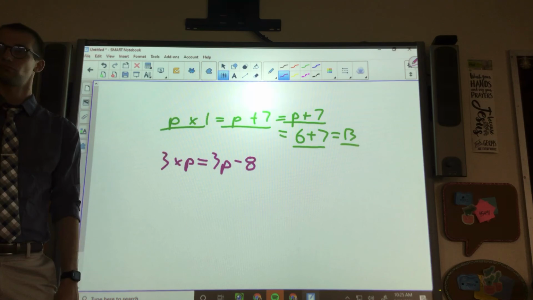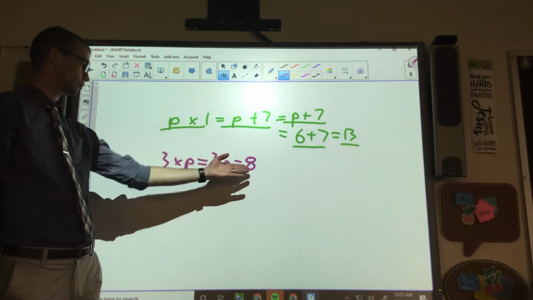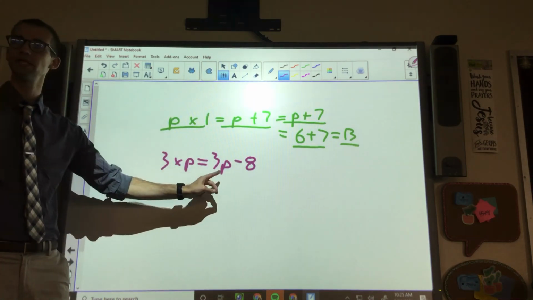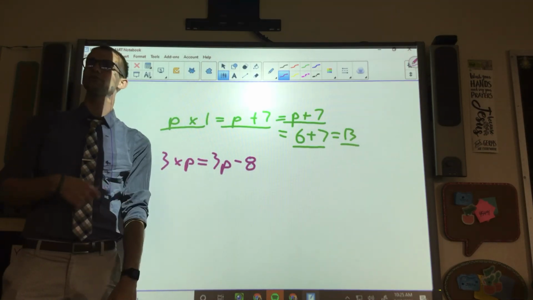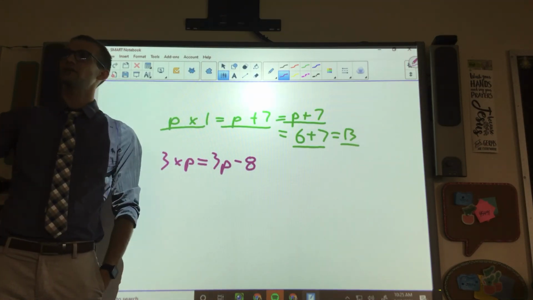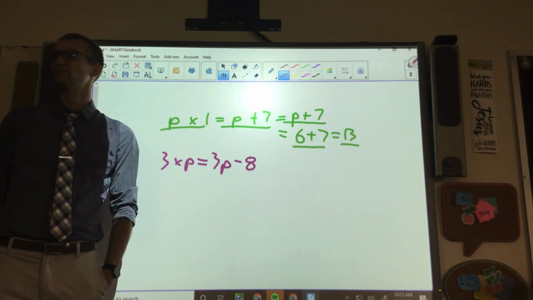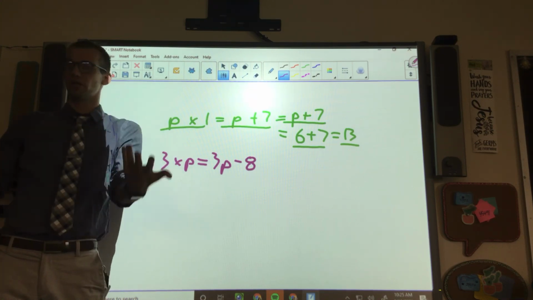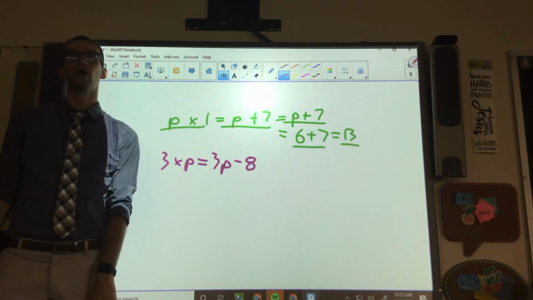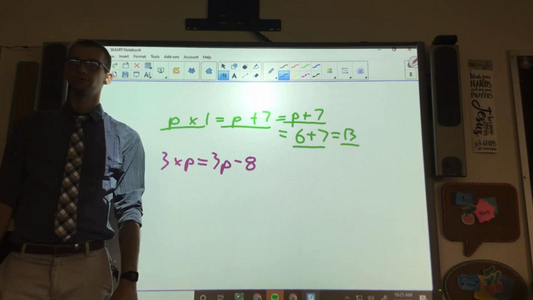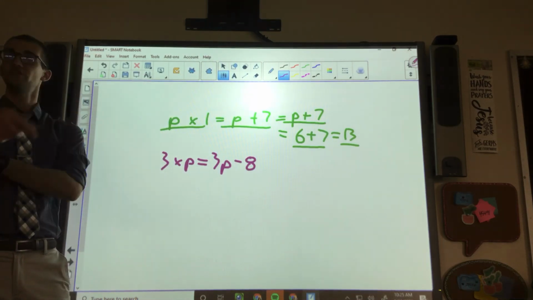No. You can't do 8 minus 3 because this is a P and this is an 8. That's like saying, hey, I've got 3 groups of ducks and then take 8 ducks away. Do you have 5 ducks? No, because you don't know how many groups of ducks, you don't know how many ducks you had in the first place. So until you know what P is, you can't subtract 8 off of it.